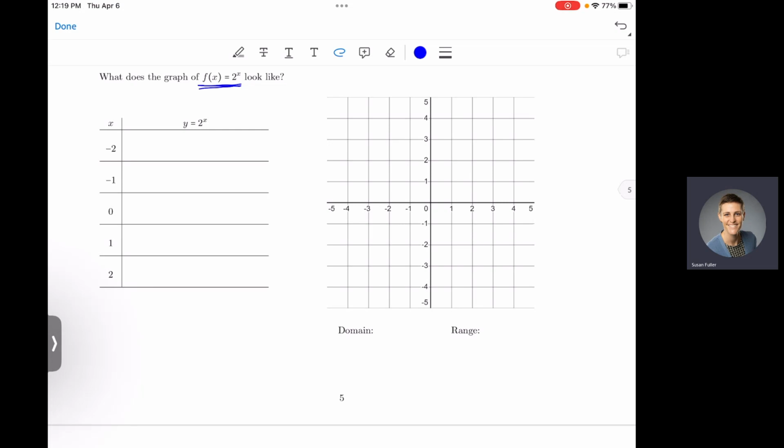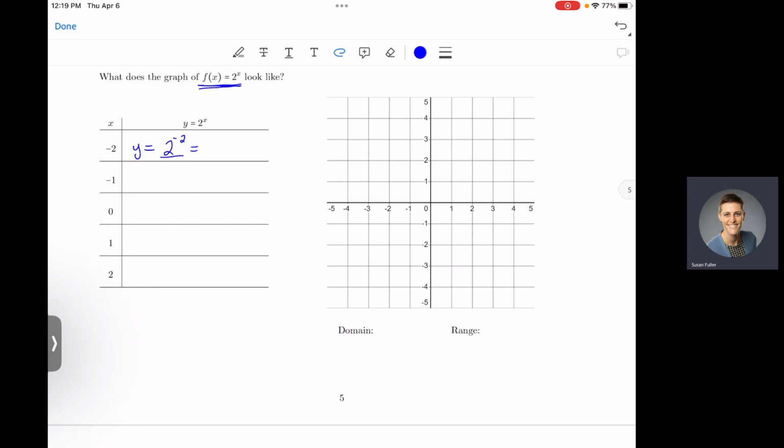So if x is -2, then my y value is going to be 2 to the x power, and x is -2 here. 2 to the -2 power. Recall that a negative exponent gives you a reciprocal. If you have a negative in the exponent, it basically means you can't stay here, you're being evicted, you've got to move.